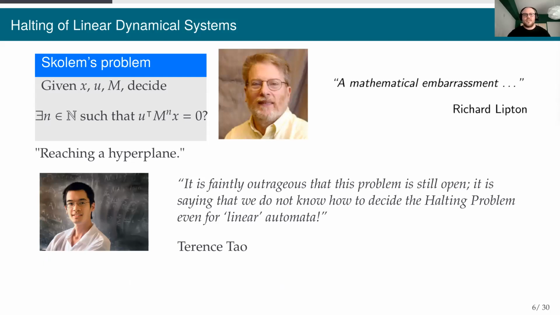Richard Lipton says that it's a mathematical embarrassment, and Terence Tao says it is faintly outrageous that this problem is still open. It is saying that we do not know how to decide the halting problem even for linear automata. And you can see where this linear automata business comes from.